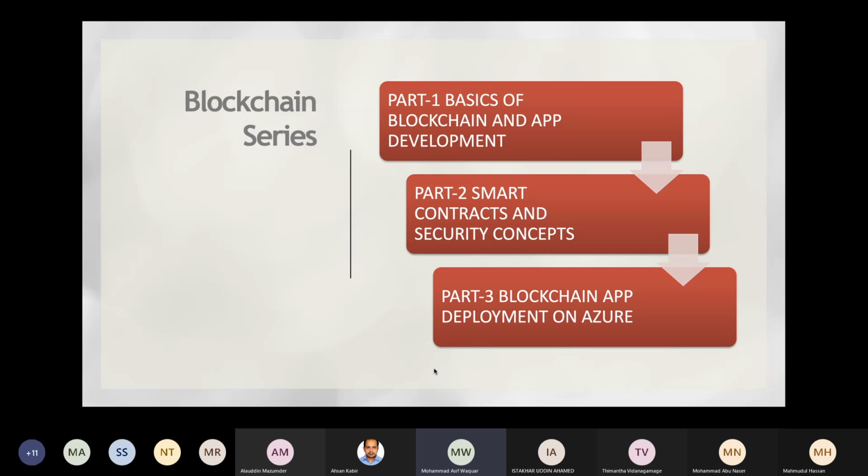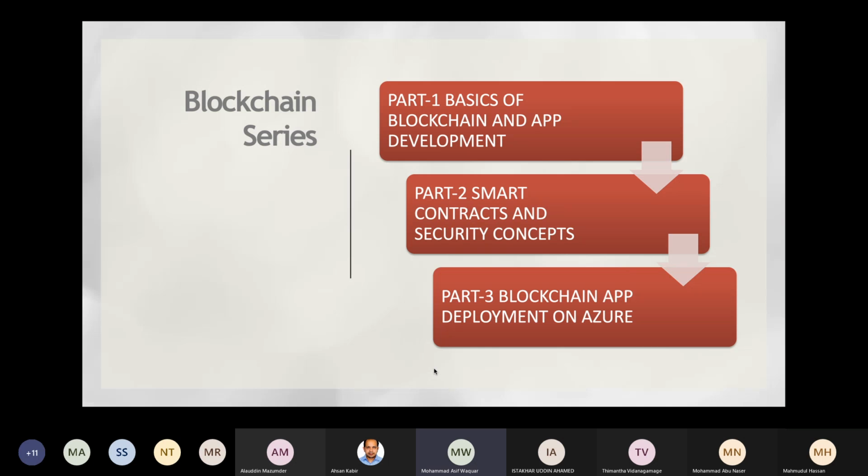And in part two, maybe this month or next month, we'll talk about smart contracts, because all the blockchain logic is written in smart contracts. We'll talk about what types of smart contracts there are, how we write the logic, and we'll discuss the security concepts of blockchain for writing smart contracts.